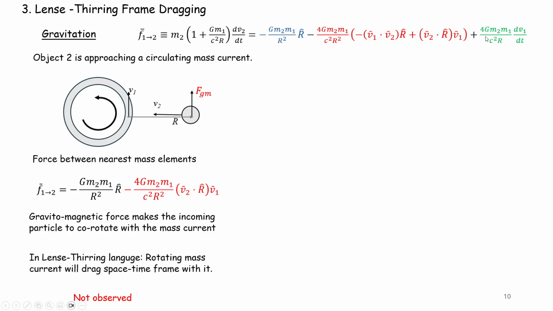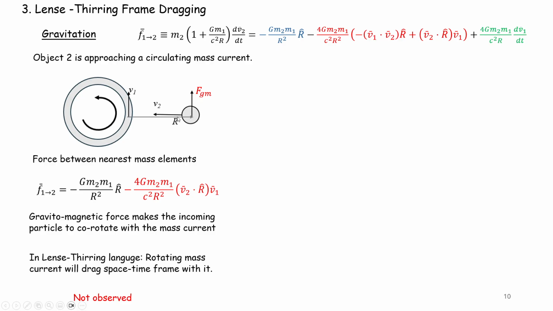So we can have a look at this green one as acceleration dependent. We have an acceleration here, it's a centripetal acceleration. And we consider the nearest mass elements. So this one is centripetally accelerated to the left. So we will get an inductive force on object number 2. But this is directed opposite the distance vector.